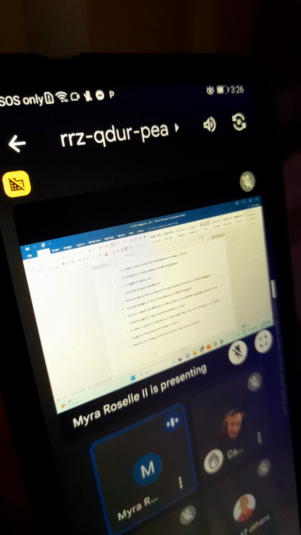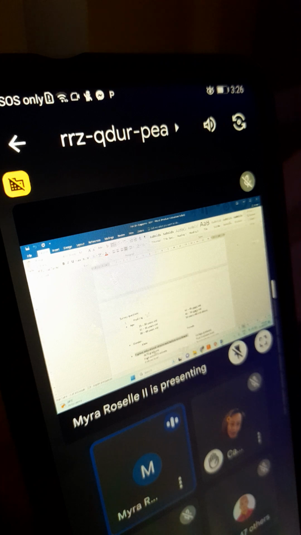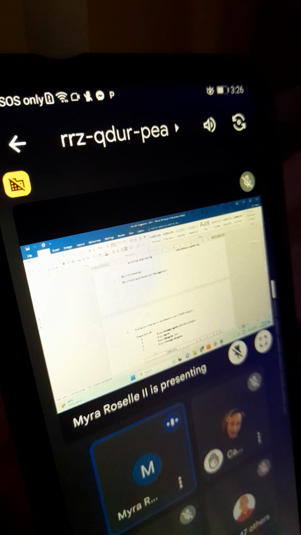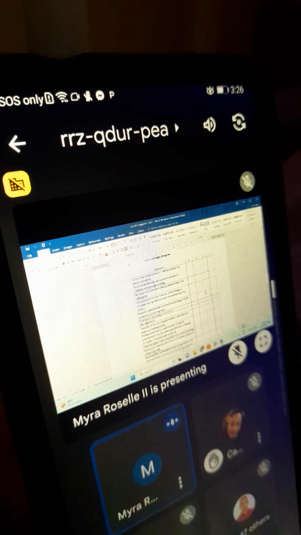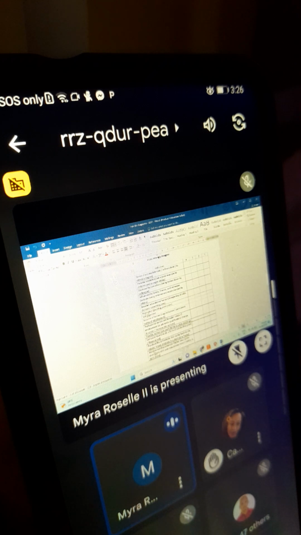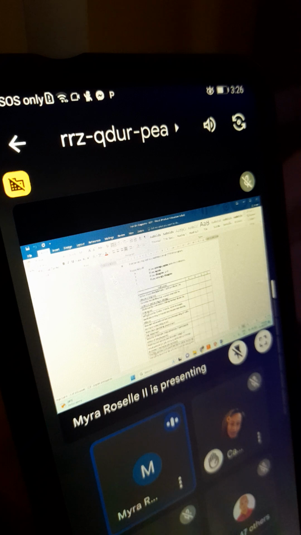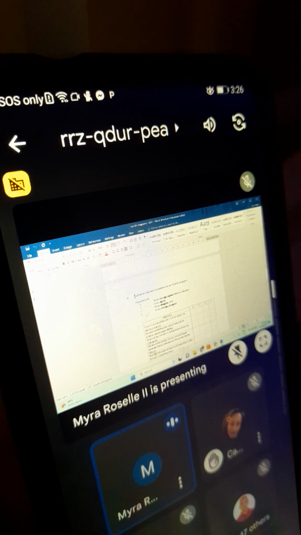Question number 2 is, what are the pull factors? In the pull factors, I identified 3 areas, and in each area I gave at least 5 indicators. This is how you're going to make survey questions. This one is based on pull factors.